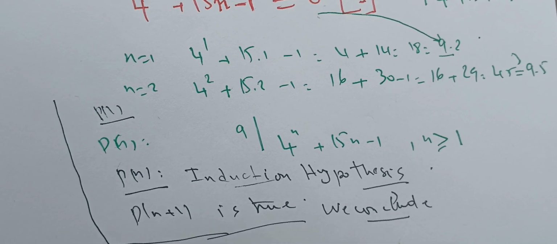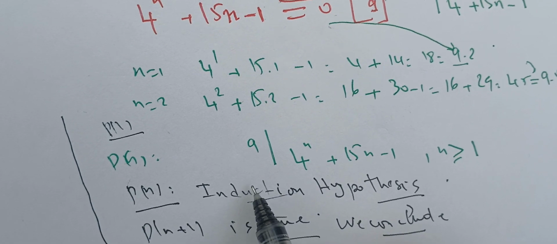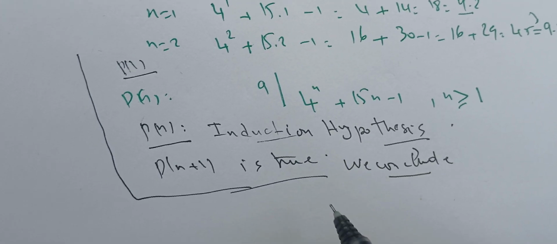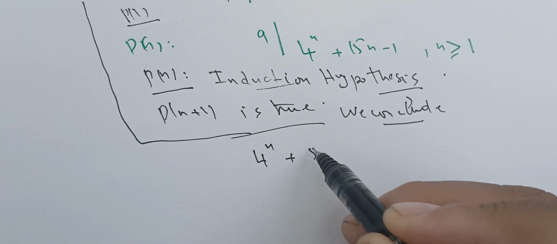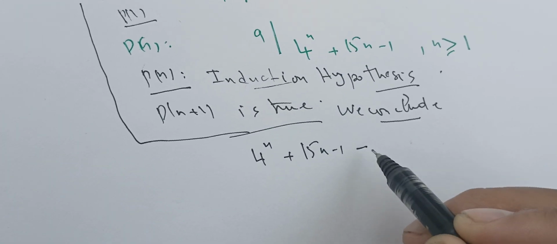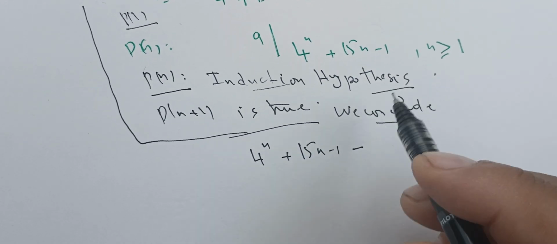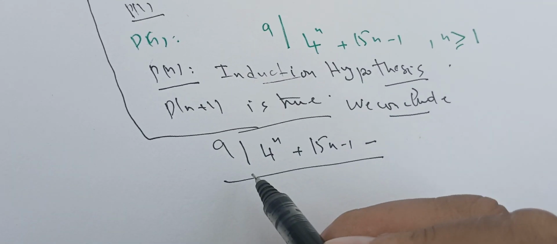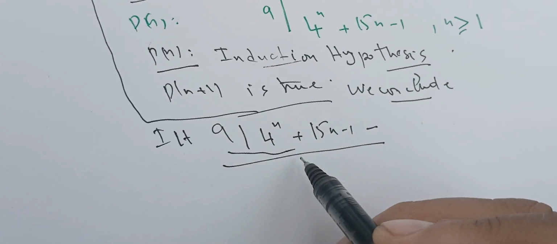Now we assume that P of n is true. That means we assume our induction hypothesis: 9 divides 4 to the power n plus 15n minus 1. But we're going to write it in a different manner.